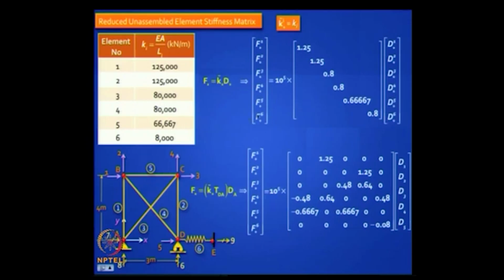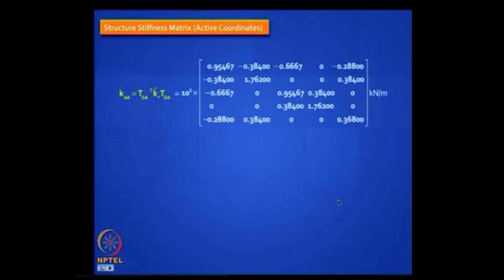So once you have TdA and you have got this, can you do this product? Easy, you get this, then you pre-multiply it with this, in one shot you got the final structure stiffness matrix. It's a 5 by 5, it's a square matrix, it's a symmetric matrix. Got it? Clear?